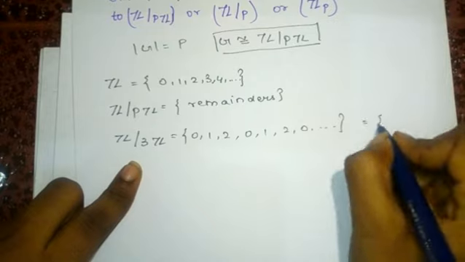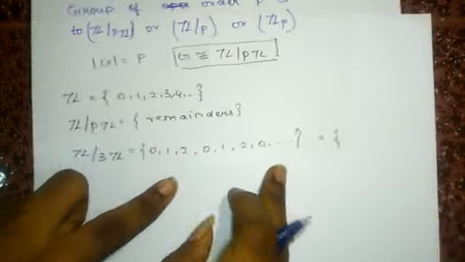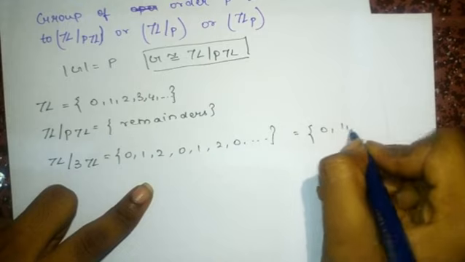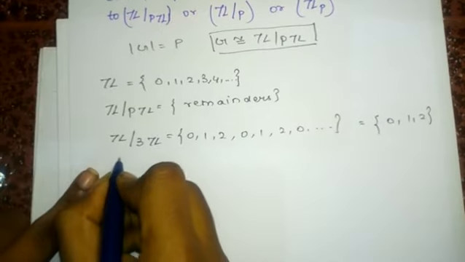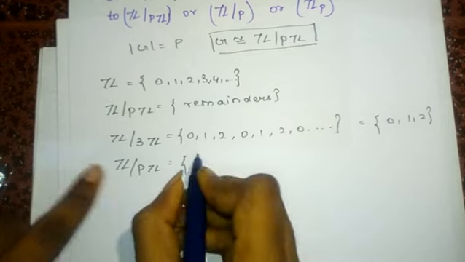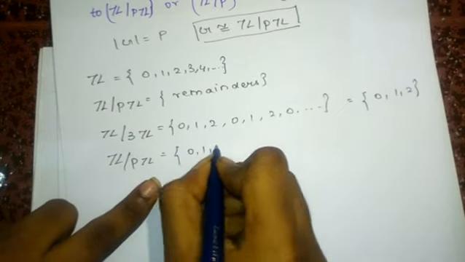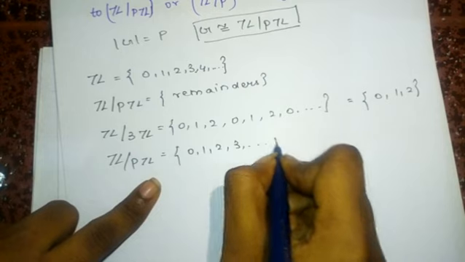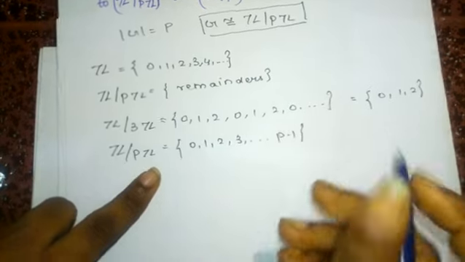So instead of writing 0, 1, 2, 0, 1, 2, I write only 0, 1 and 2. That is, Z modulo PZ is the numbers 0, 1, 2, 3 up to P minus 1.